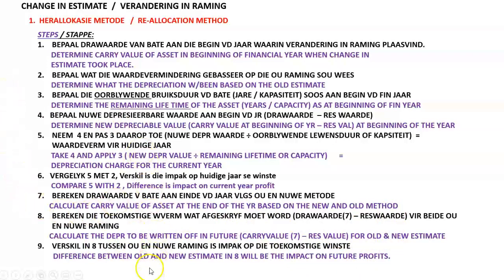I calculated how much depreciation I am going to write off this asset from the end of the current financial year forward on the old way, and then also in the new way. So how much future depreciation am I going to write off the asset in future years from the end of the financial year, and then the difference between what I'm actually going to write off and what I would have written off based on the old way of depreciation, that will be the impact on future profits.